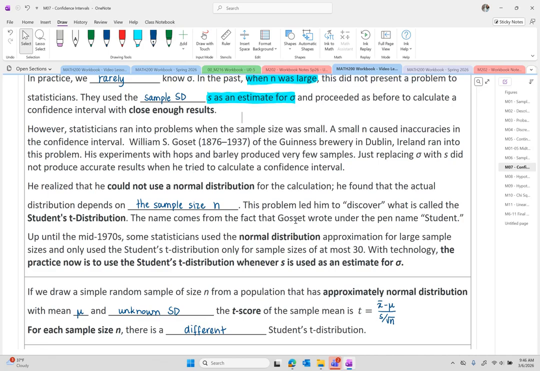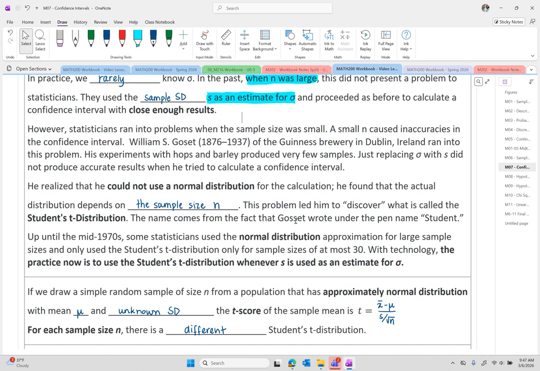The name comes from the fact that Gossett wrote under the pen name student. Up until the mid-1970s, some statisticians used the normal distribution approximation for large sample sizes and only used the student's t-distribution for small sample sizes that were at most 30.